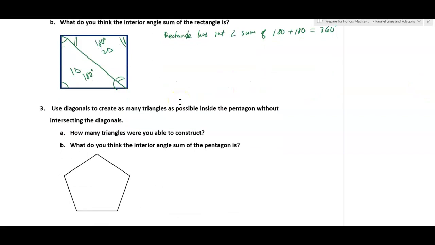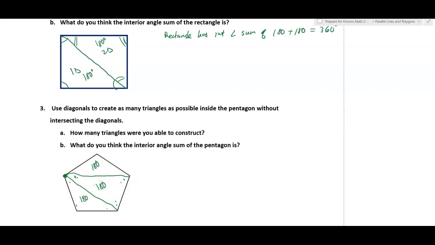And if I move on here and I say, okay, use diagonals to create as many triangles as possible inside the pentagon without intersecting the diagonals. So if I pick one vertex to start at, I'm going to draw a diagonal there and a diagonal there. If you look, these two diagonals broke this pentagon up into 1, 2, 3 triangles. Well, I know this triangle is going to have angle measures of 180 degrees. This one would have measures of 180.